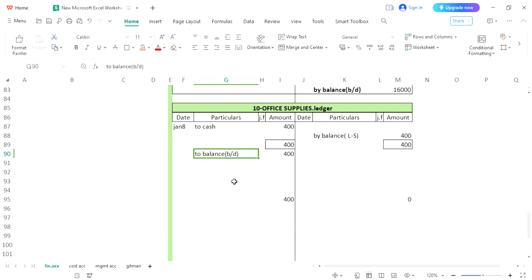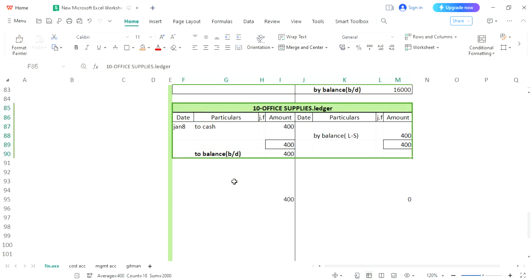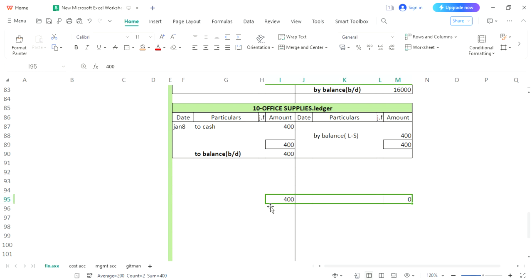The purpose of making office supplies was to calculate the balance brought down, and we have calculated it. Purpose is sorted out, so you can mark it as done by putting a closing line. These sums were calculated just for reference. They are now not needed. You may erase them.